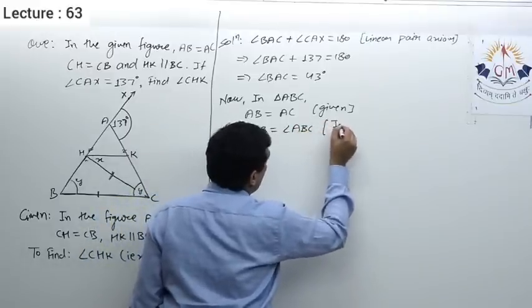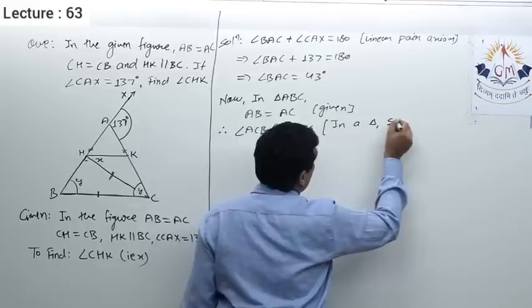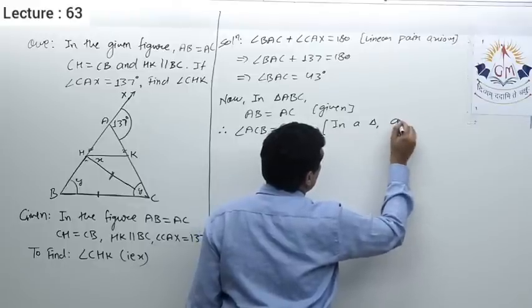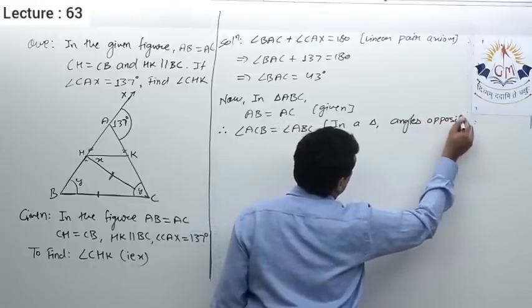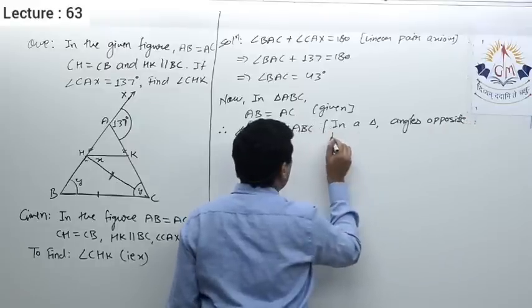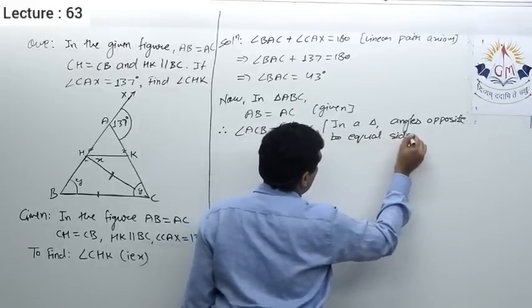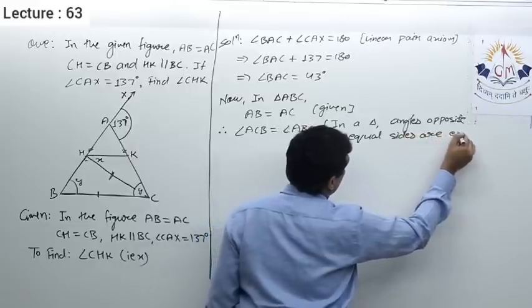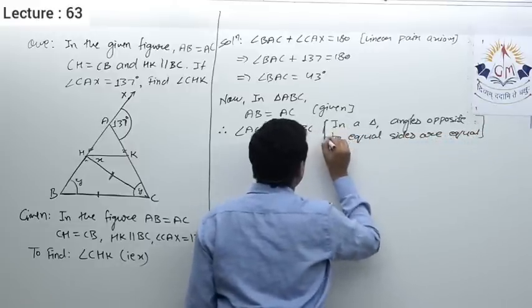Reason: in a triangle, angles opposite to equal sides are equal. Okay, that is the reason.